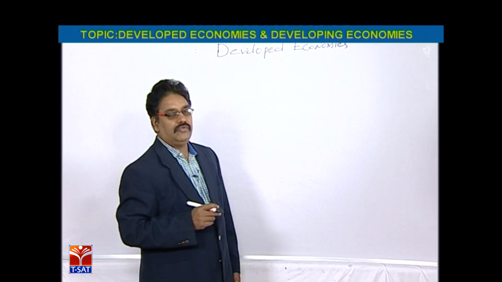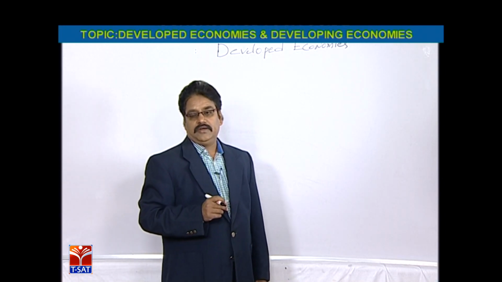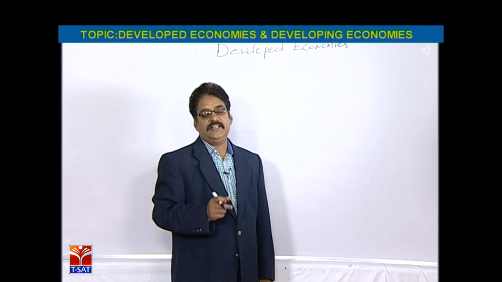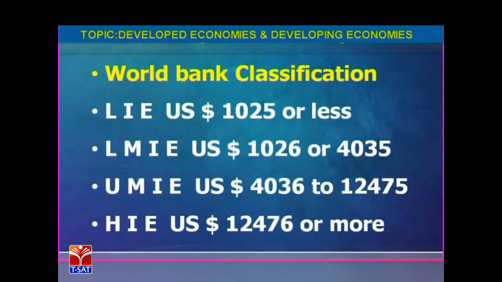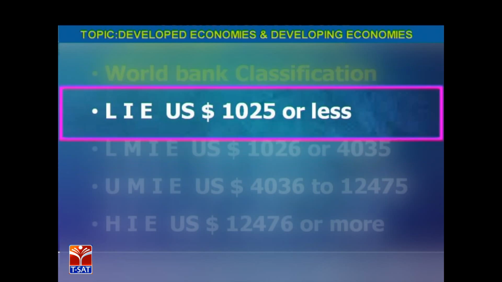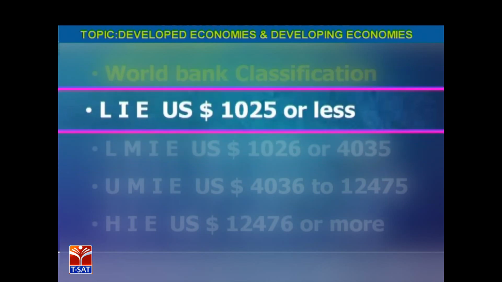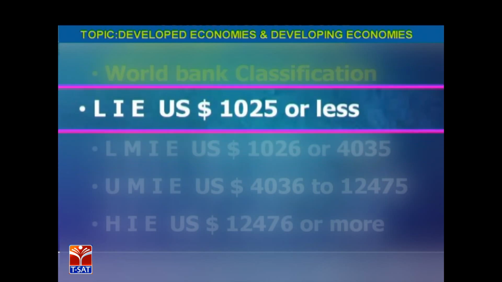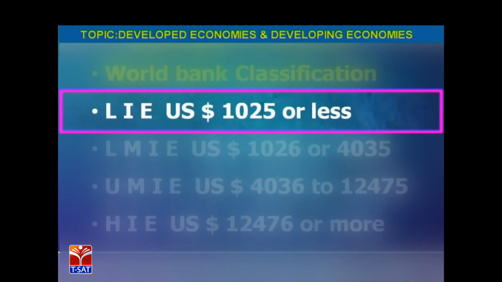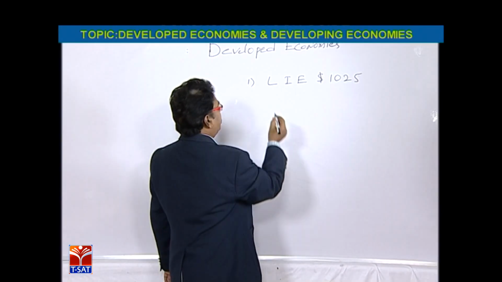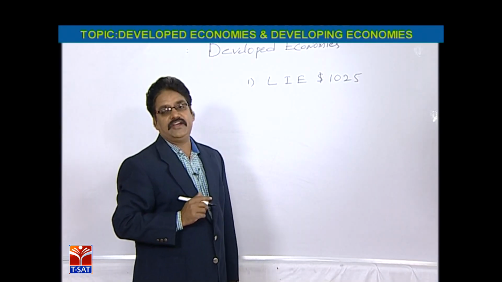For this, the World Bank has given a classification based on the GNI. First group, lower income economies: the countries having per capita income of $1,025 or less come under the category of lower income economies.